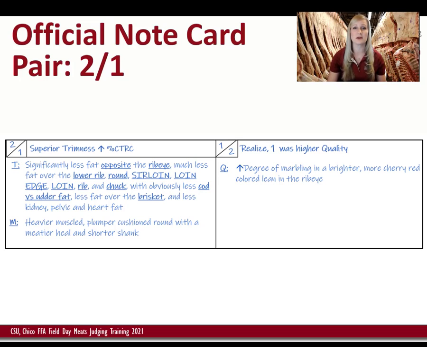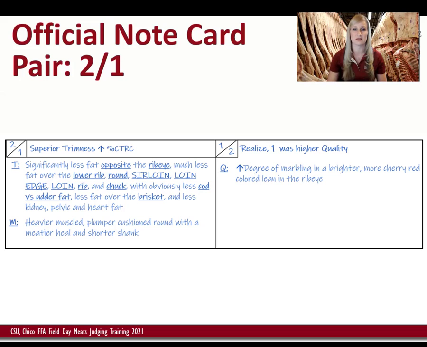There's a superior trimness advantage where carcass number 2 would result in a higher percentage of closely trimmed retail cuts from the round, loin, rib, and chuck. So number 2 had significantly less fat opposite the ribeye. So here I even underline in bold, opposite the ribeye.